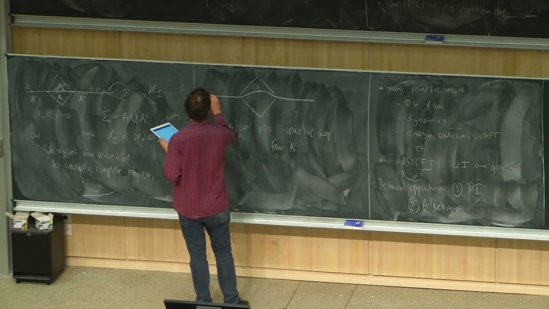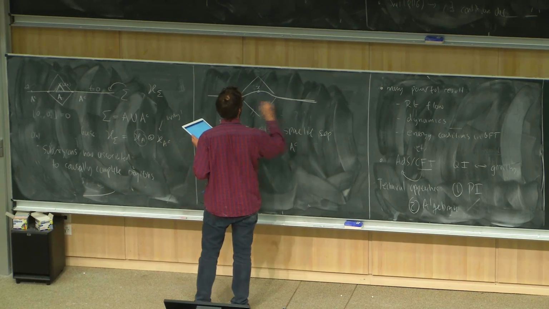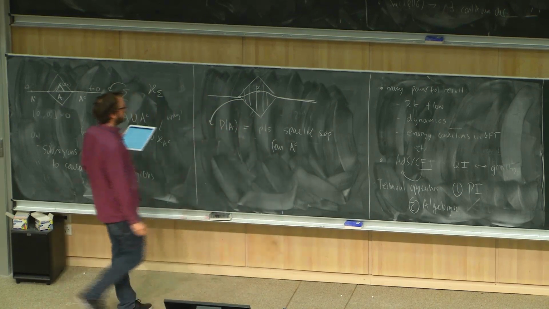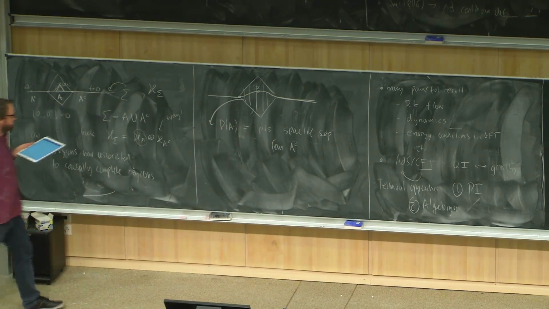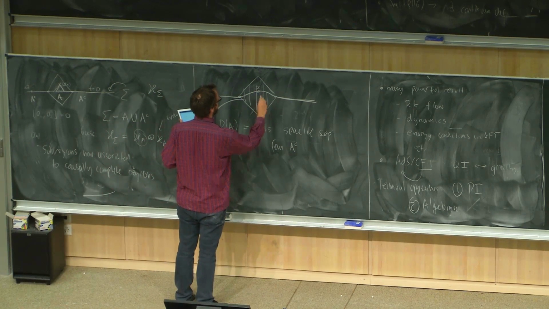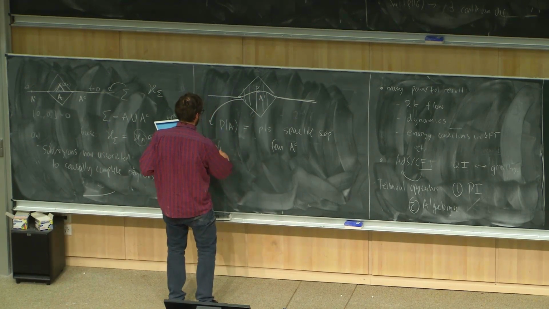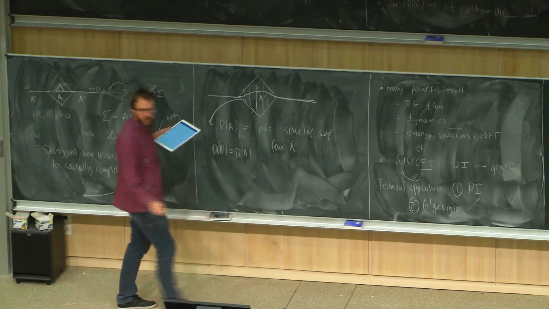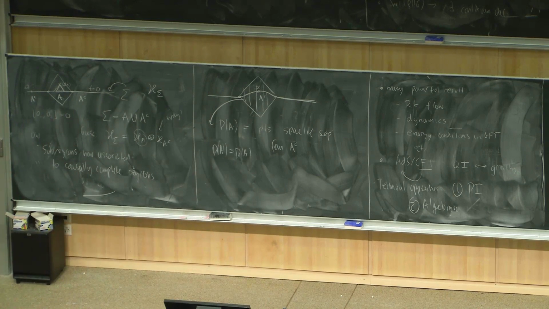So everything that is space-like separated from here and here defines this wedge region, D(A). And if I pick a different slice, like this A prime here, then D(A prime) is equal to D(A). I get the same domain of dependence. Okay?